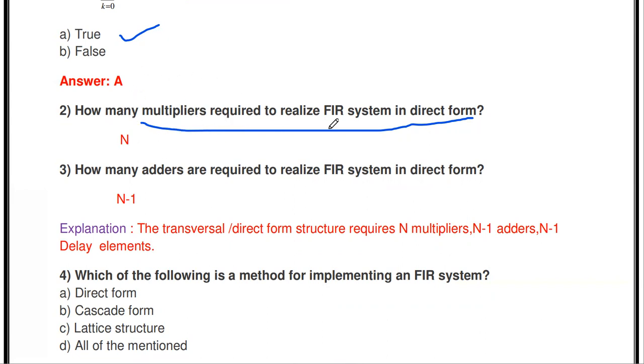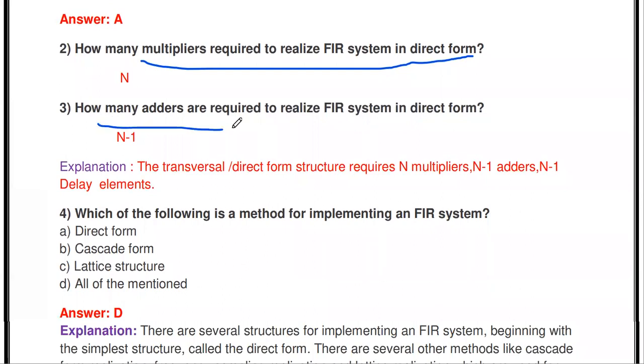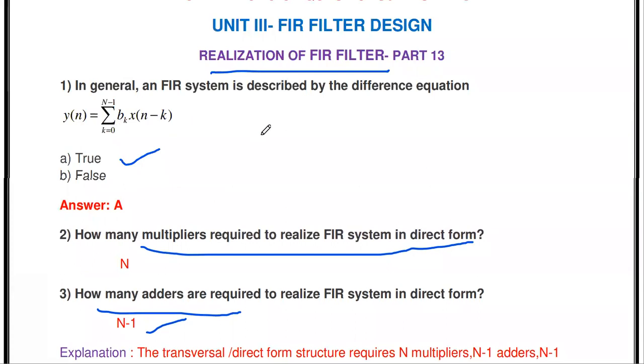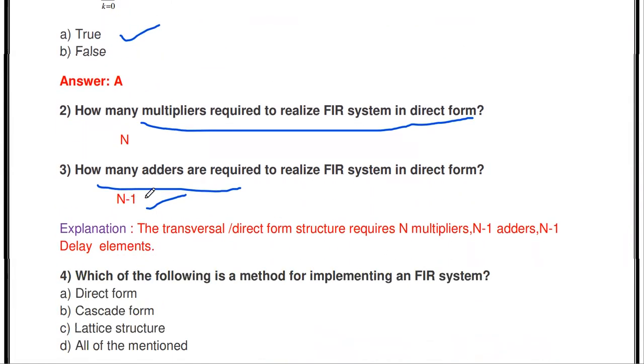Similarly, how many adders are required to realize the FIR system in direct form? n minus 1 adders. Since n terms are available in the y of n equation, to add n terms we need n minus 1 adders.